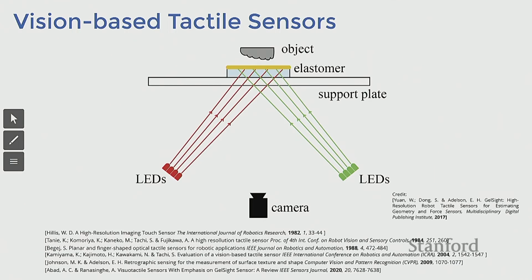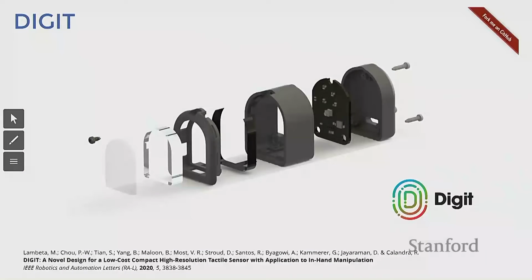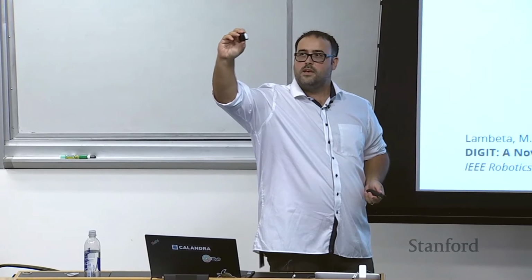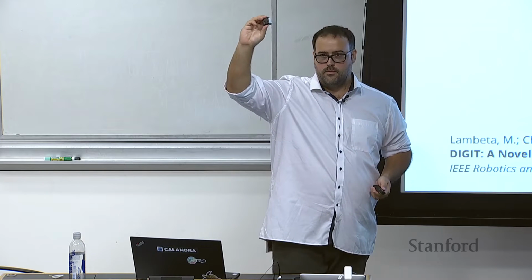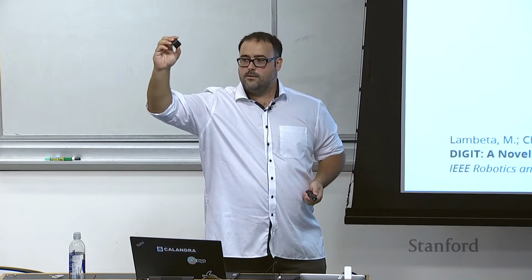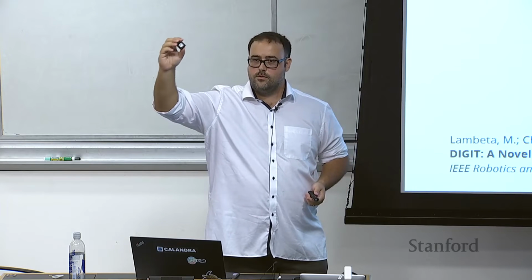What we did in 2020 is that we open sourced the first mass-producible, miniaturized, high-resolution vision-based tactile sensor. And this is how DIGIT looks. This is a sensor that was designed from scratch for democratizing touch, in the sense that we wanted a sensor which is easy to manufacture.